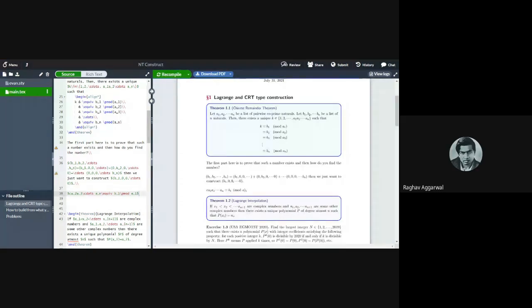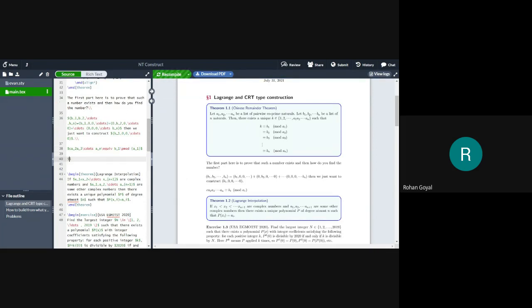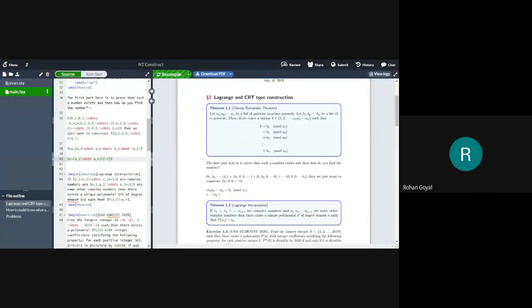Can you just repeat the last thing you said? Okay. So we just want constant into a2 to an to be equivalent to b1 mod a1, if we want to construct b1, 0, 0, 0, 0. So we can set constant equal to the inverse of a2 dots an into b1.